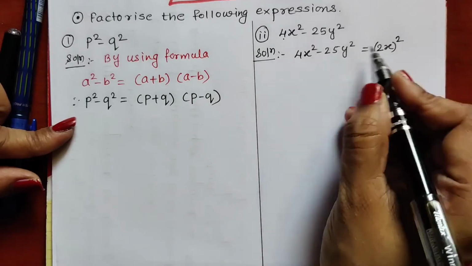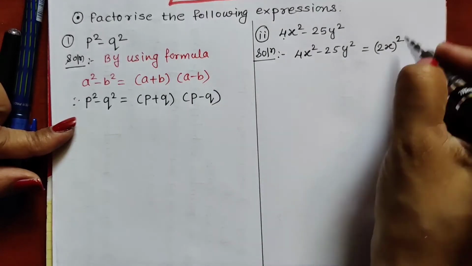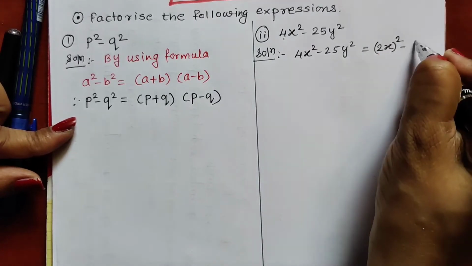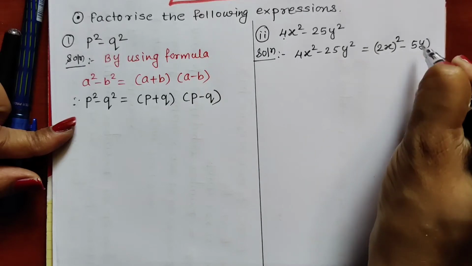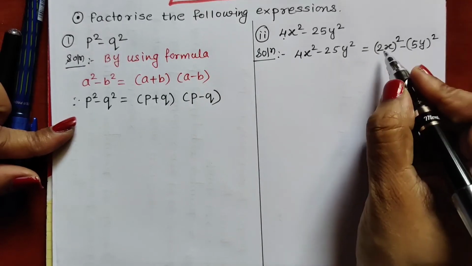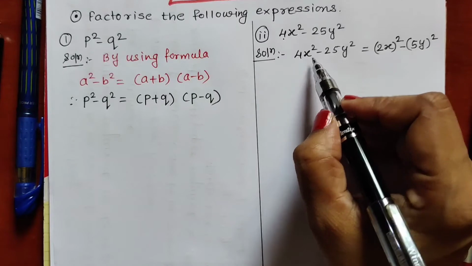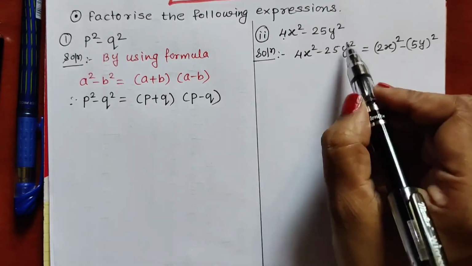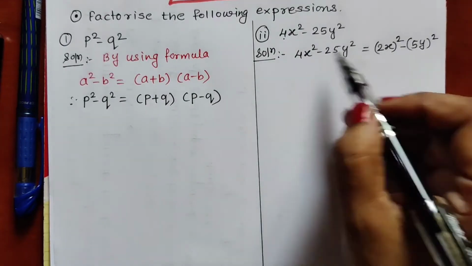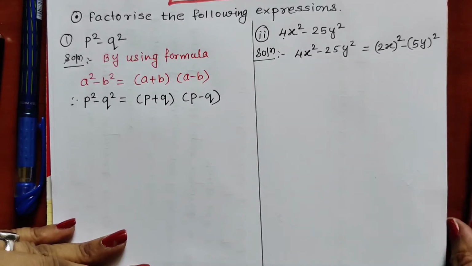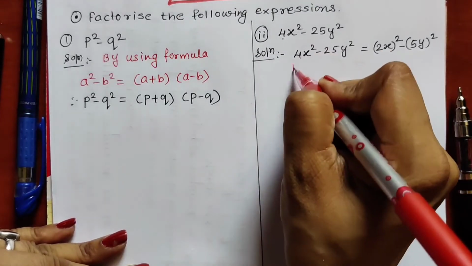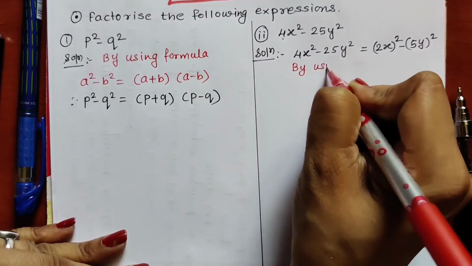This 4x square can be written as (2x) whole square, and 25y square can be written as (5y) whole square. In this way we have to convert or transform these numbers into perfect square numbers, so that we can apply the formula properly.